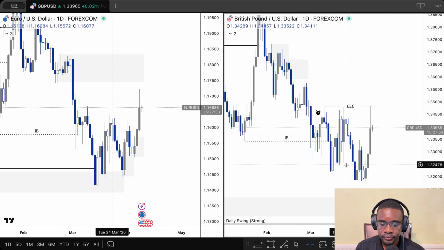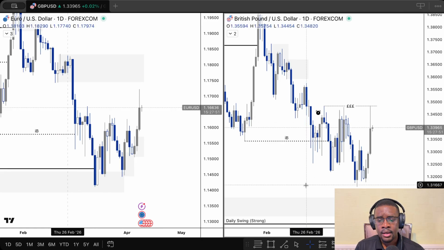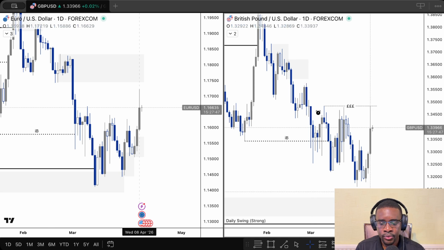Right now there's nothing much to read on the daily chart, except of course we're still bearish in terms of the overall internal momentum. This is price pushing up.